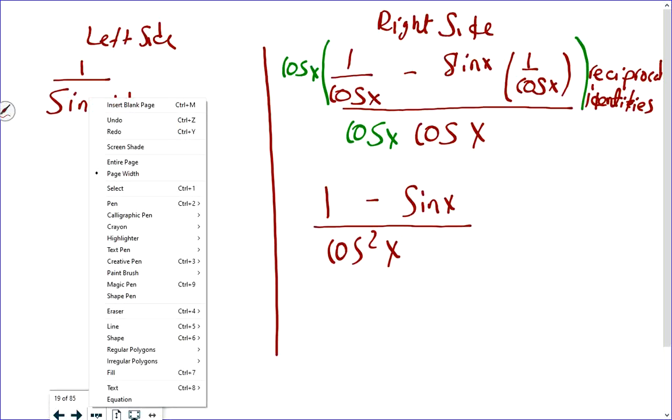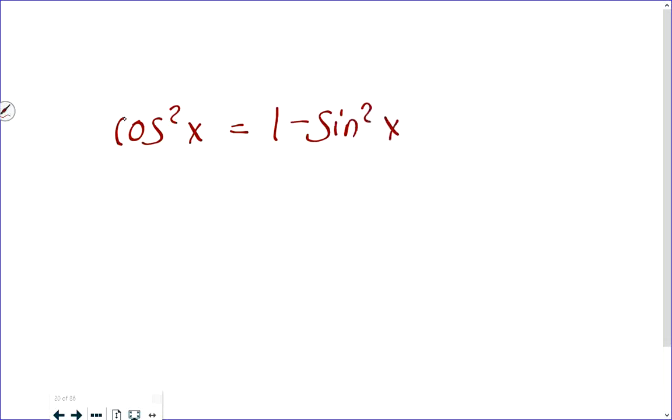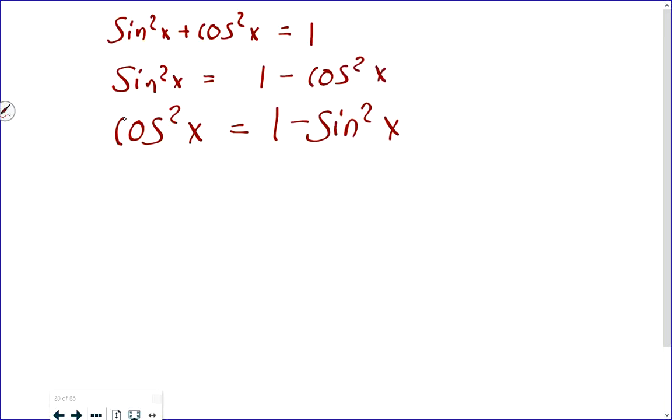I'm going to go on a little detour. Would you agree that this is the case? Nothing to do with this problem directly just yet, but that cos squared is 1 minus sine squared. Remember, I've told you that you need to know the following things. This is on your formula sheet, so you don't really need to memorize it, but you need to know that sine squared of x is equal to 1 minus cos squared of x, that cos squared is equal to 1 minus sine squared of x, and I think I even said I'm putting a lot of burden on your shoulders.